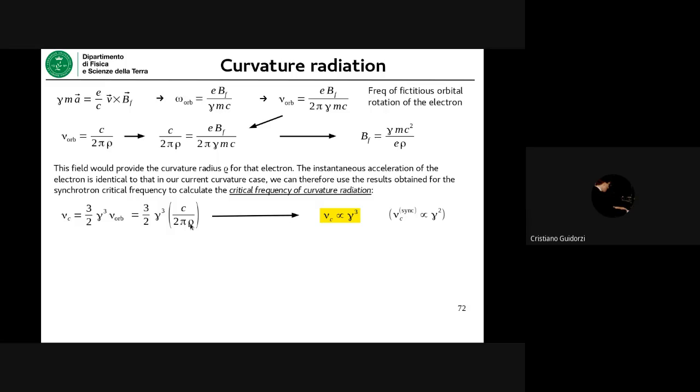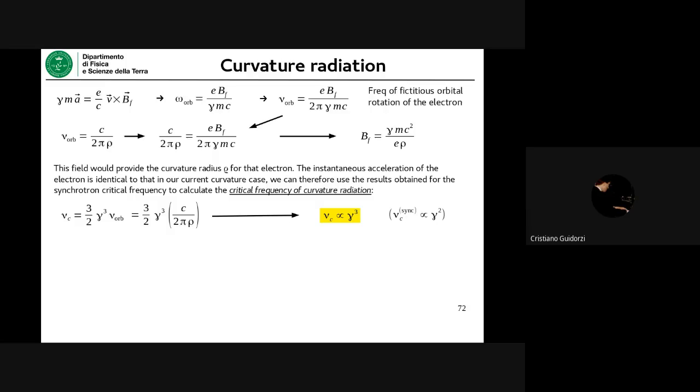If you work out something that we didn't do, the curvature of the orbit for the synchrotron case, you see that the larger gamma, the correspondingly larger the curvature radius. If you fix the magnetic field and you double gamma, the curvature radius will also double. Why? Because, well, the velocity is always c.